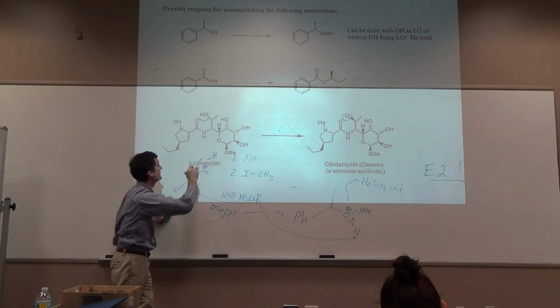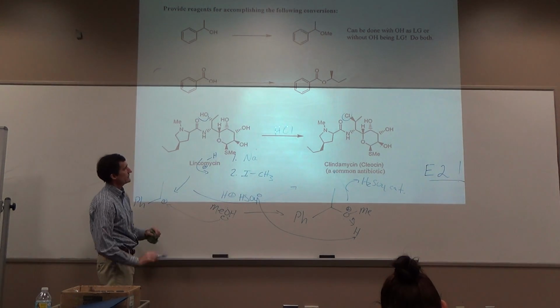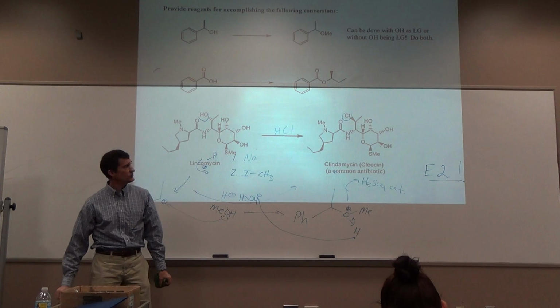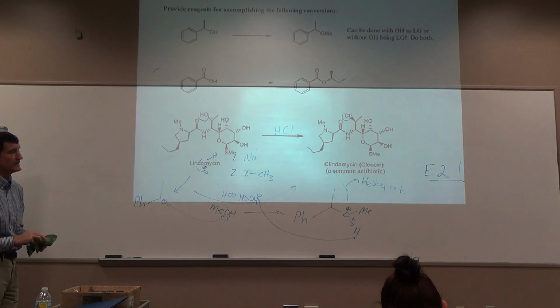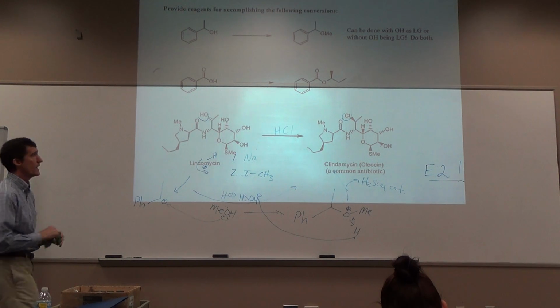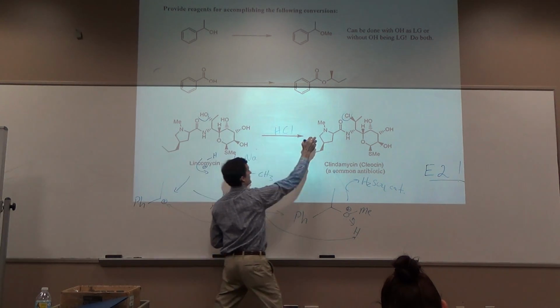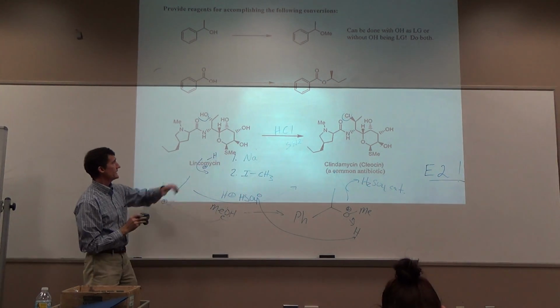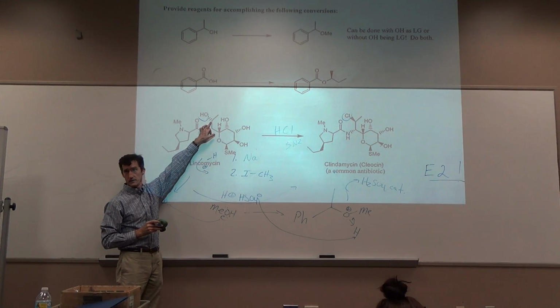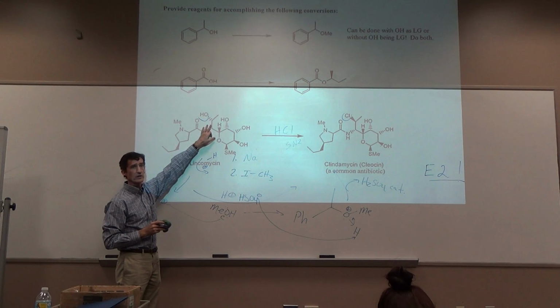You protonate it. Is it going to be SN1 or SN2? What do you want it to be? Why do you want it to be SN2? Because we want inversion, right? We hope it goes SN2. If it goes SN1, can it do SN1? Secondary could.